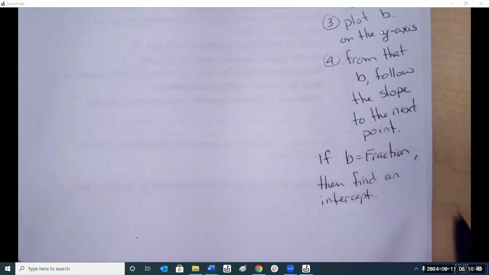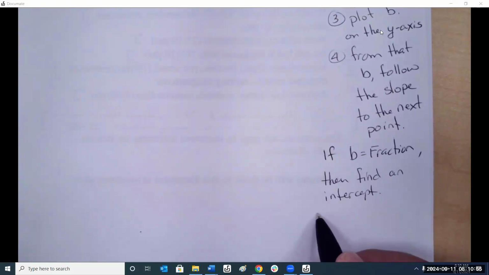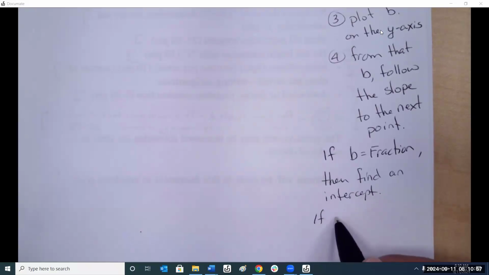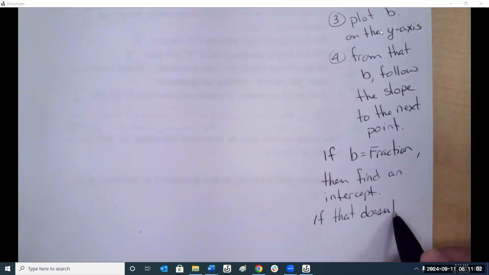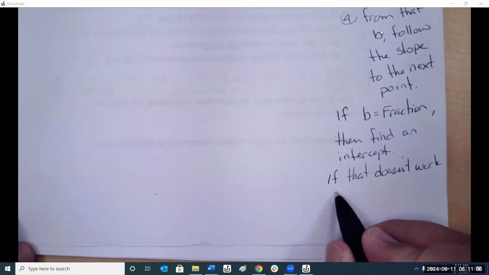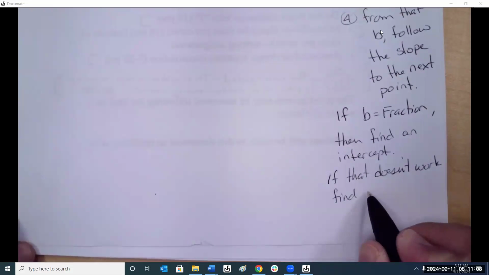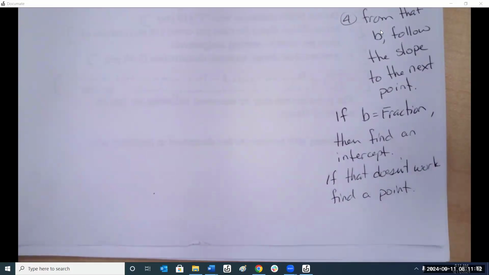So that's if you have a fraction. Try that. If that doesn't work, find a point, any point on the graph. How do you do that?